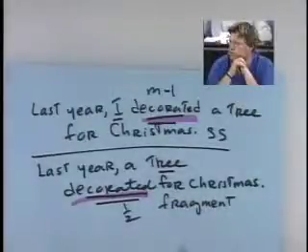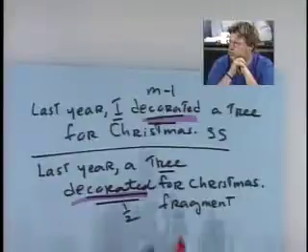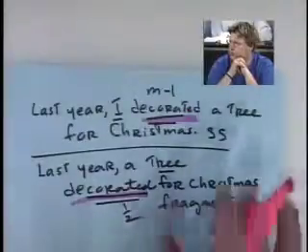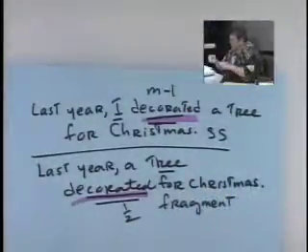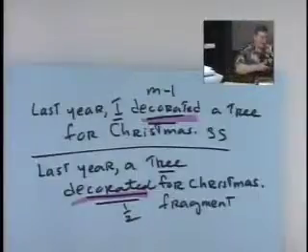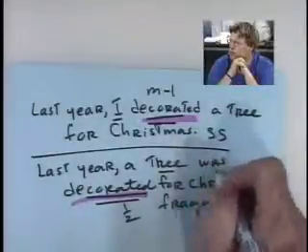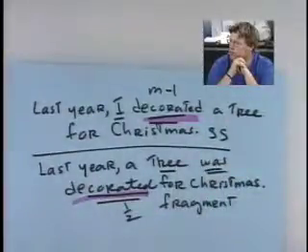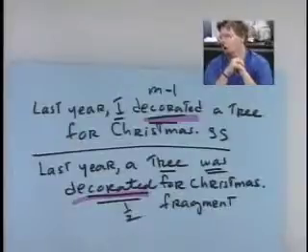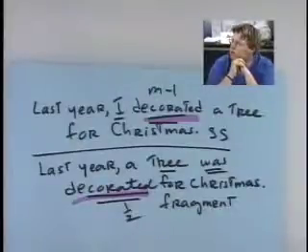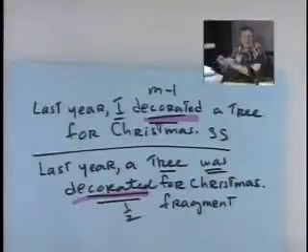I'm still talking about decorated. There's a lot of words that are similar in those two examples. Tree is used in both of them. Christmas is used in both of them. When I take I out, and I've set it up as I have the second one, in order to make a sentence out of it, I have to add a helping verb like was. So what I'm trying to show you is that a word like decorated can be a whole verb or a half verb.